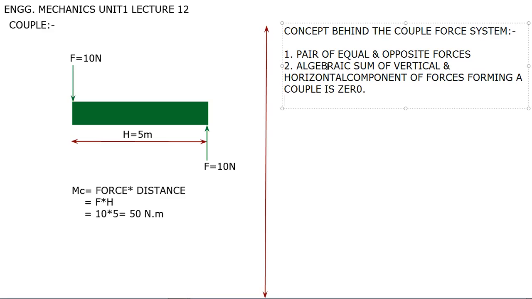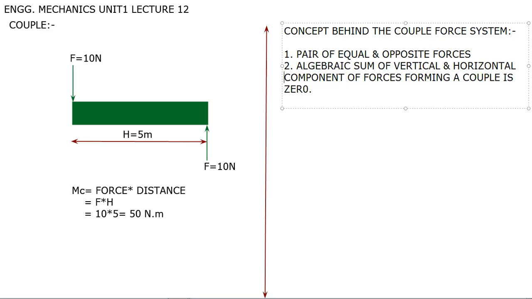The algebraic sum of the vertical and horizontal components is zero, because your couple does not cause any translational movement, it is causing rotational movement. So the body is stable, only rotating about a certain point. It tends to rotate about its center, because of the two equal and opposite forces.